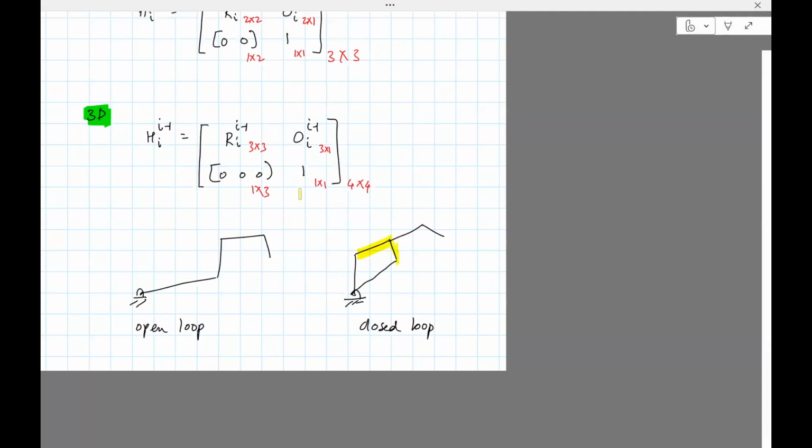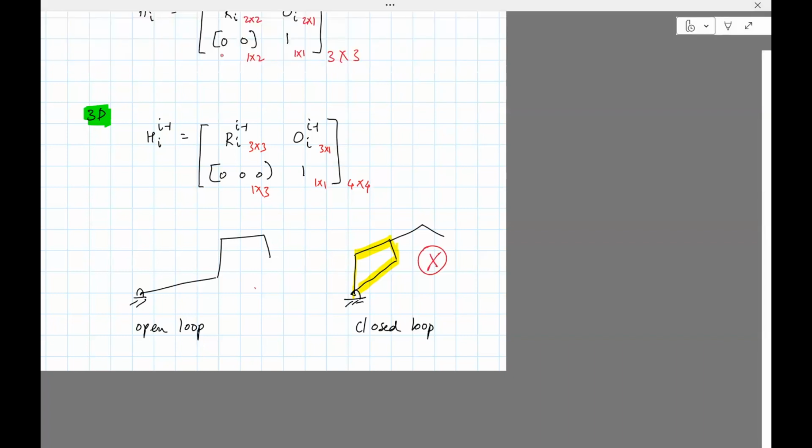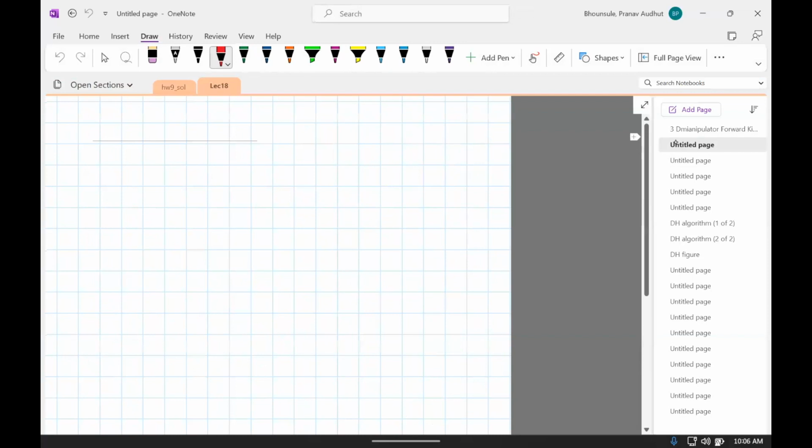We are not going to be doing closed loop manipulators. They're slightly harder to analyze, but we will not do these manipulators. We'll only look at these manipulators. We've also looked at open loop manipulators pretty much in 2D, right? We've not looked at 3D. Okay, so let's get started with kinematics.